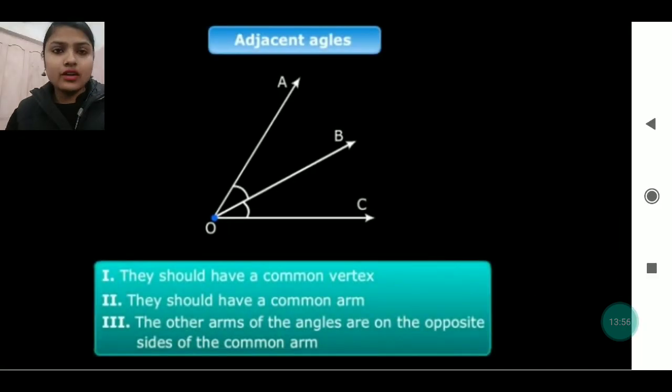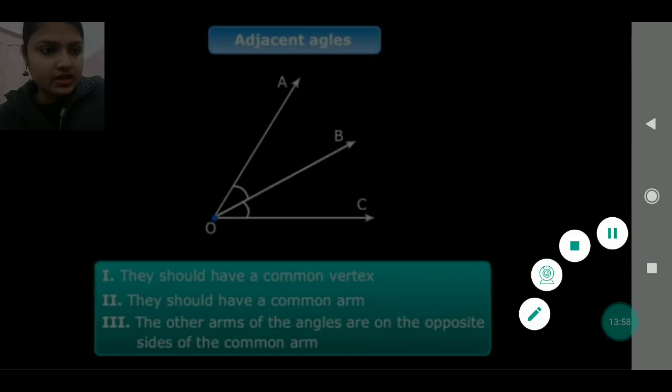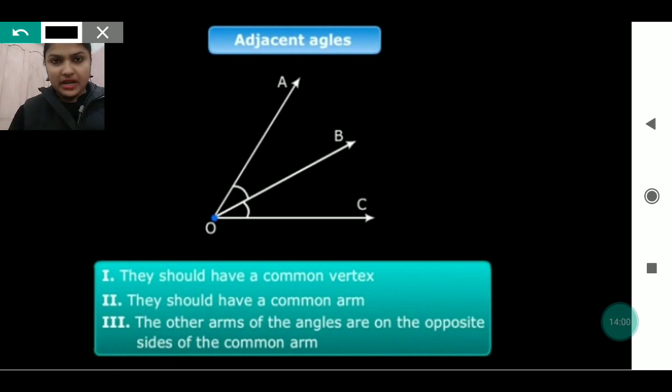Observe, my dear students, the points we have read. First, it should have one common vertex, meaning one common point where all these angles are meeting. So you can see AO is there, BO is there, and CO is there, and all three are meeting at a point, that is O. Then the common arm between these two is OB.